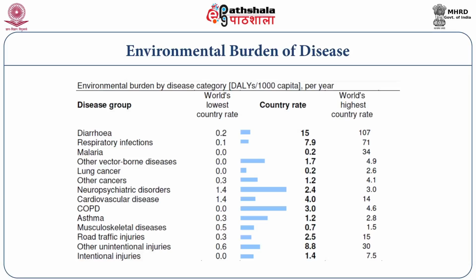The world's highest rate is 107 DALYs per 1,000 population. India is at 15 DALYs per 1,000 population. Similarly, the data has been presented for respiratory infections, malaria, other vector-borne diseases, lung cancer, other cancers, neuropsychiatric disorders, cardiovascular disease, and so on.